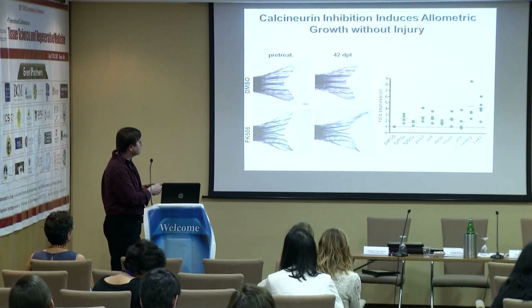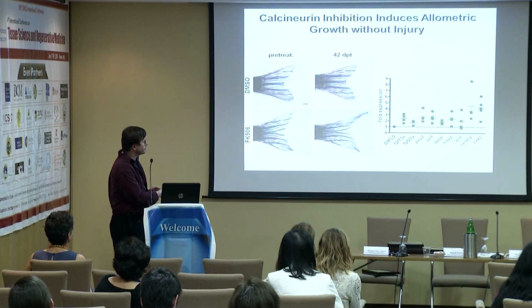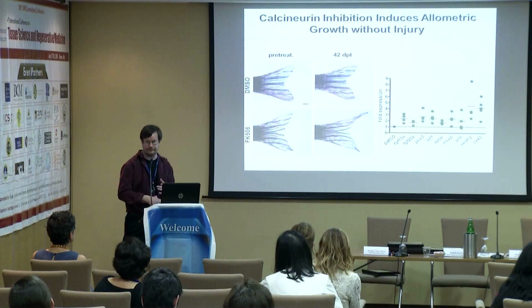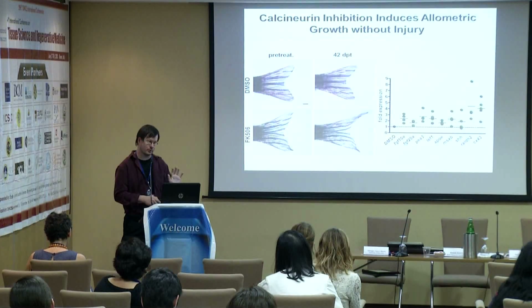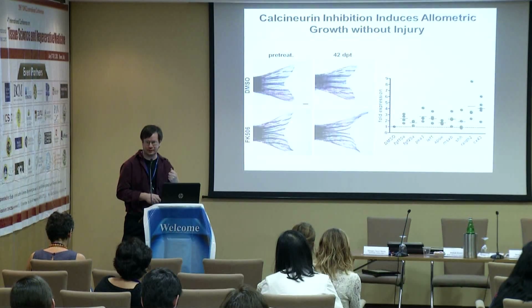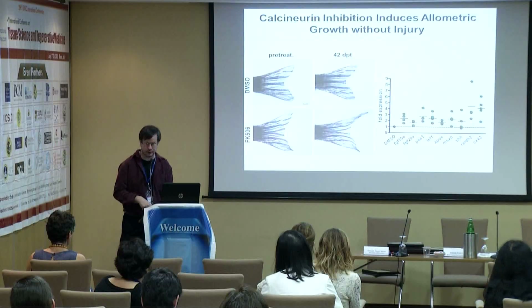So what we find is that when we inhibit calcineurin, we induce allometric growth, so this regenerative-like growth, compared to the normal isometric controls. And this includes pretty much the paradigms or the genes that are involved in growth. And the nice thing about this is now we can actually look at the gene program that's involved in regulating proportional growth, because we can do it without having to have the injury response. We can induce regeneration growth without dealing with injury.